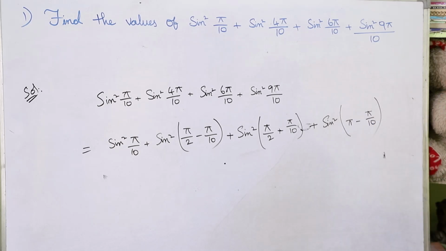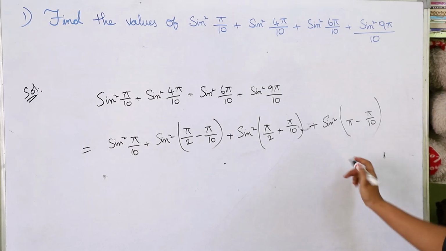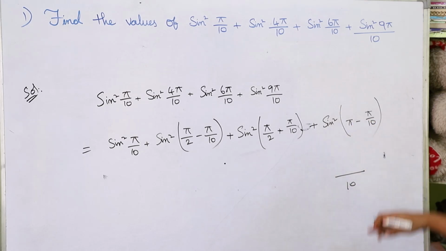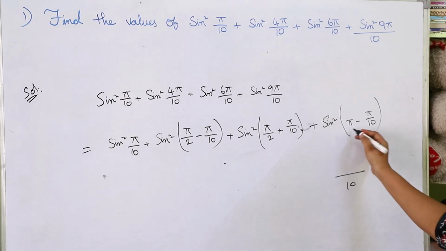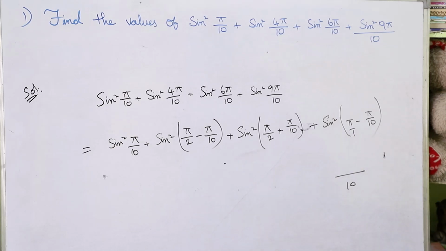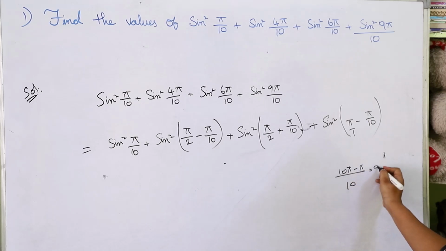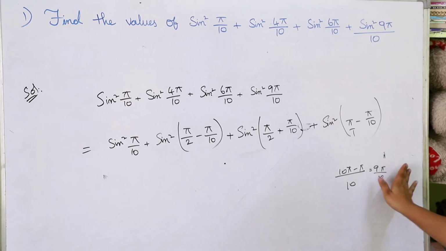If we take the LCM for both, the LCM becomes 10. LCM into numerator, and the denominator is 1 since there is no number. So 10 pi minus pi equals 9 pi, so 9 pi by 10. Clear?